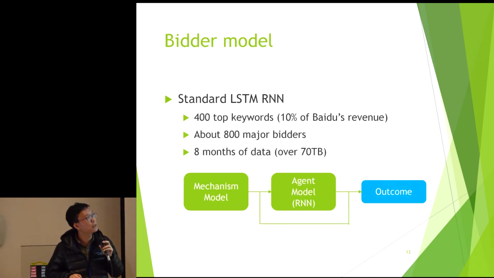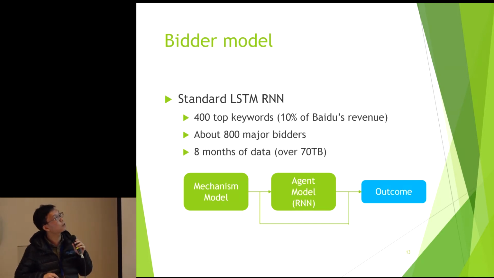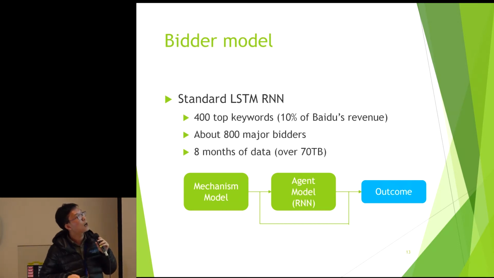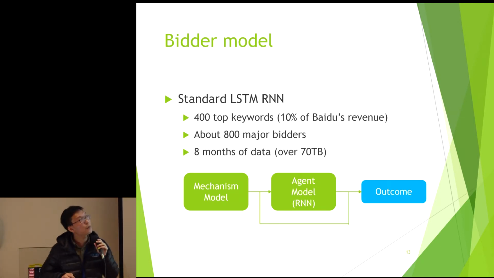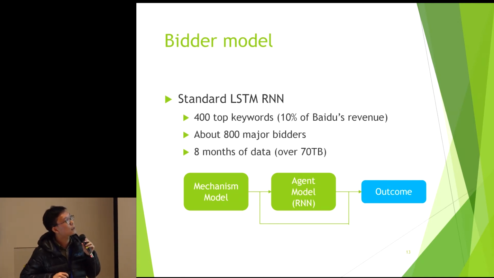Okay, to implement this framework, we first need to implement the agent model, which is the bidder model here. We choose to use the standard LSTM because we are dealing with time series data. We selected about 400 top keywords from Baidu.